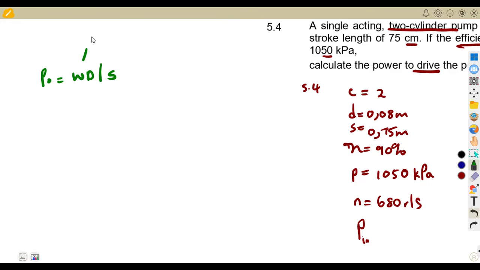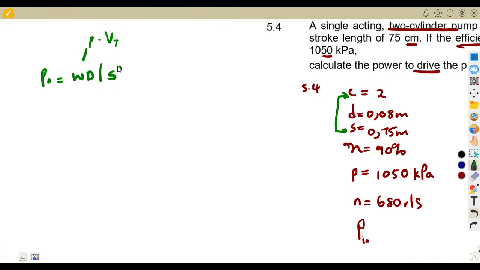Remember, your work done is taken from the pressure. We've got pressure here times the volume total. We can calculate the volume from these three. All right. So this here gives us the work done.